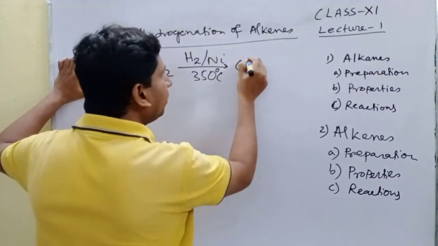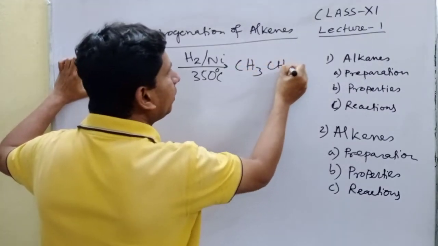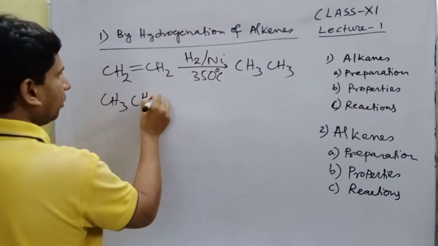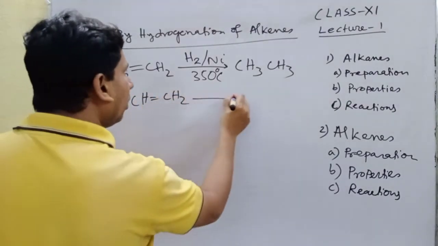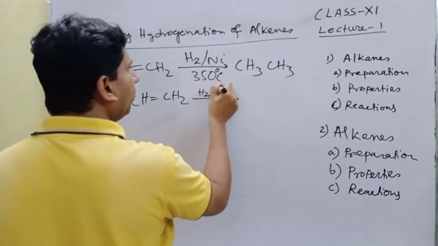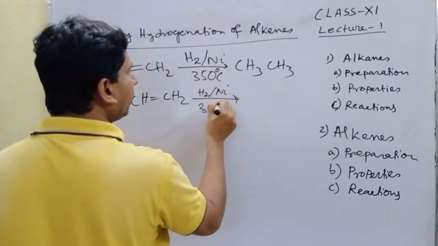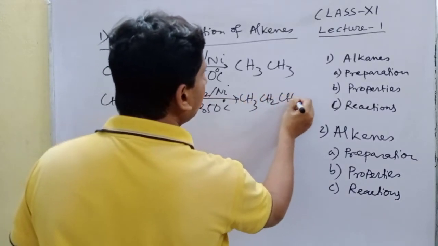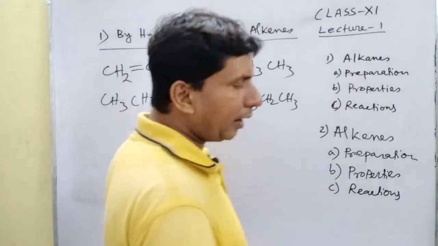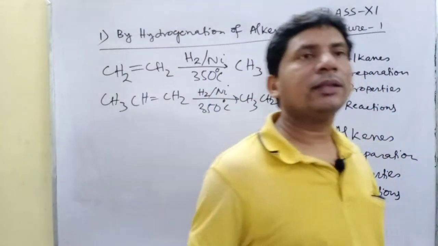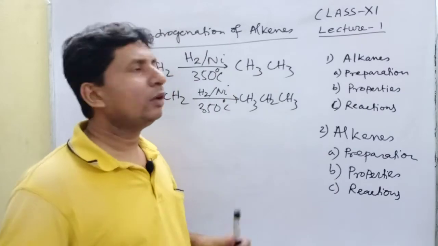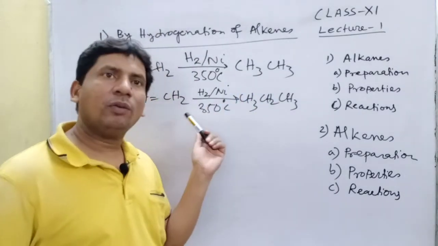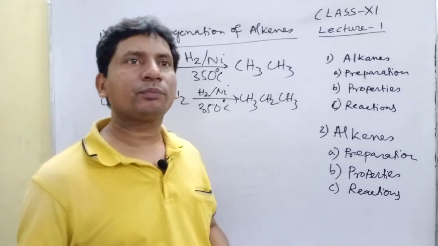Then hydrogen adds to this compound. CH3CH=CH2 with hydrogen, nickel, 350 degree centigrade gives CH3CH2CH3. So this is the addition of hydrogen. From ethene we can get ethane, from propene we can get propane, no problem.